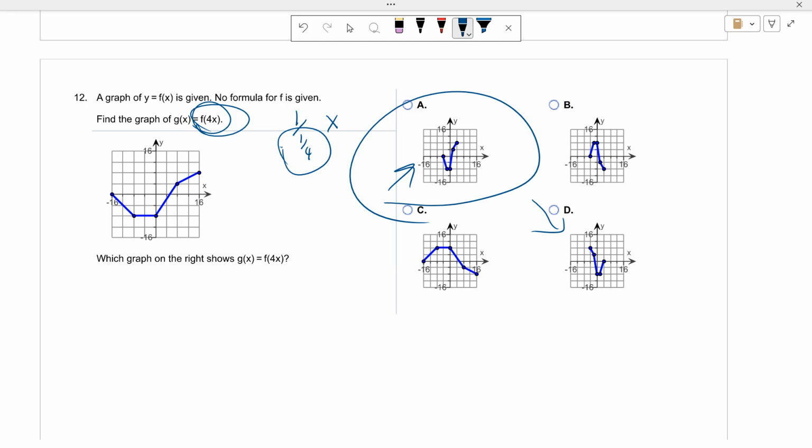Yes. You don't? Can I get a different expo marker?